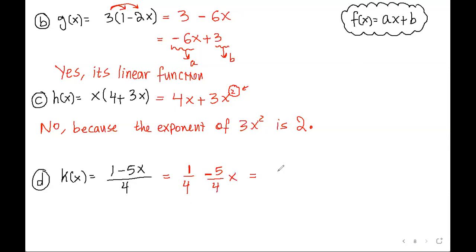Now this is equal to minus 5 over 4 x plus 1 over 4. Again, this is my a, this is my b. This is the slope. This is the y-intercept. So yes, it is linear.